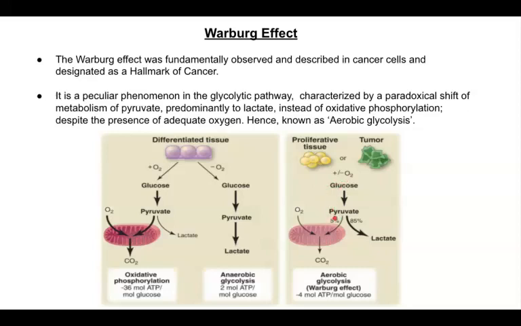Glucose was converted to pyruvate, but the majority of this pyruvate was converted into lactate, which was a very predominant finding in these cancer cells and a very key metabolic process that was observed.